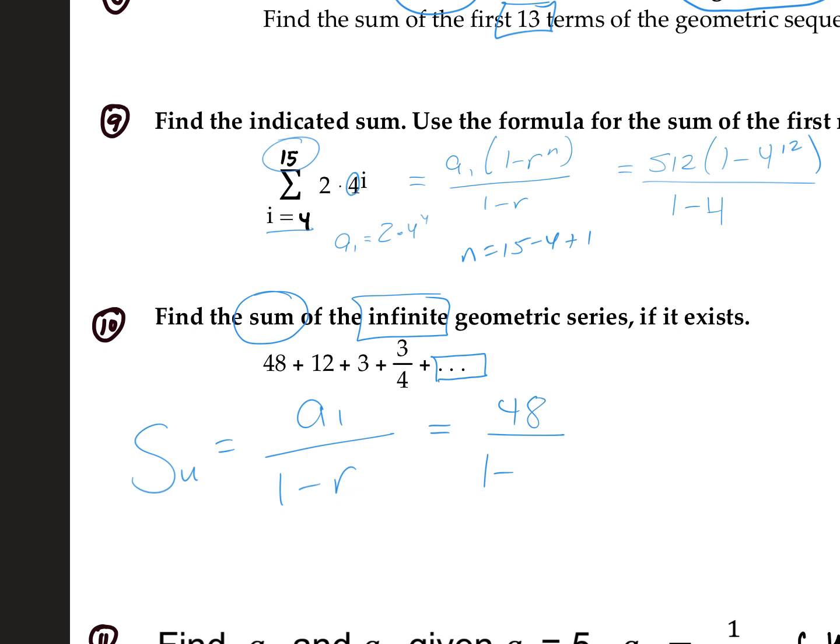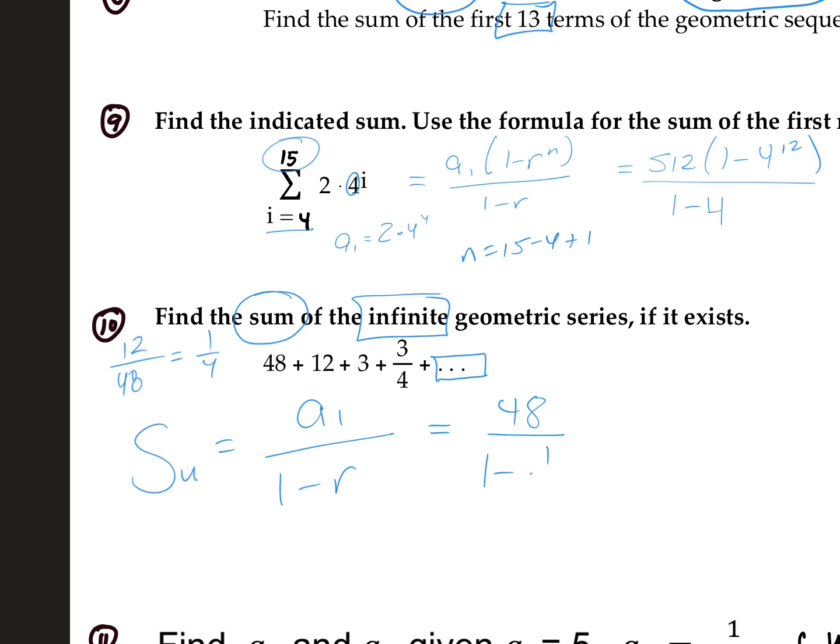You guys can tell me, well, you divided by what? How'd you get from 48 to 12 to 3 to 3/4? What'd you divide by? 4. But we don't talk about dividing by. Remember, take a term. So take 12 and divide it by the one in front of it. What would this simplify to? 1 over 4. Good.